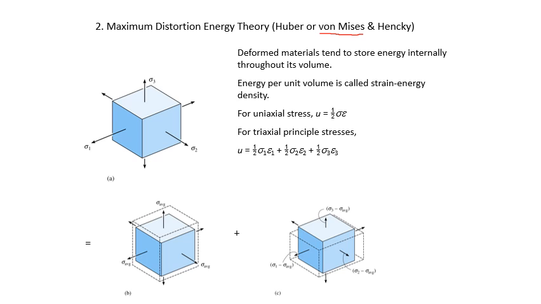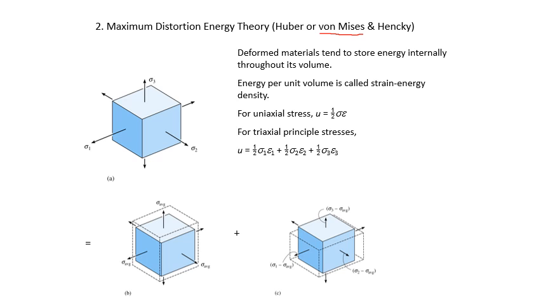If you click to find the von Mises stresses, this is what is done. Okay, it compares the principal stresses with the von Mises theory. So the von Mises or maximum distortion energy theory says deformed materials tend to store the energy internally throughout their volume. That's the work done.